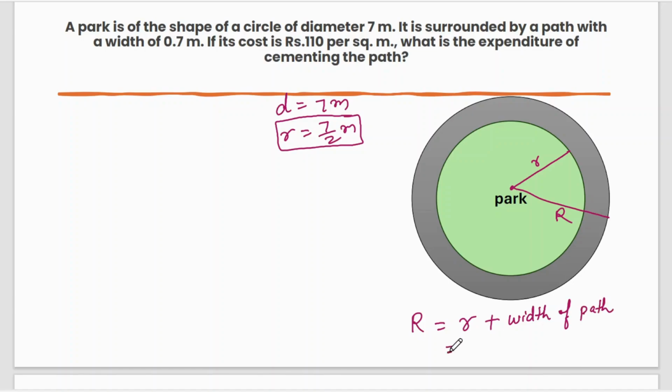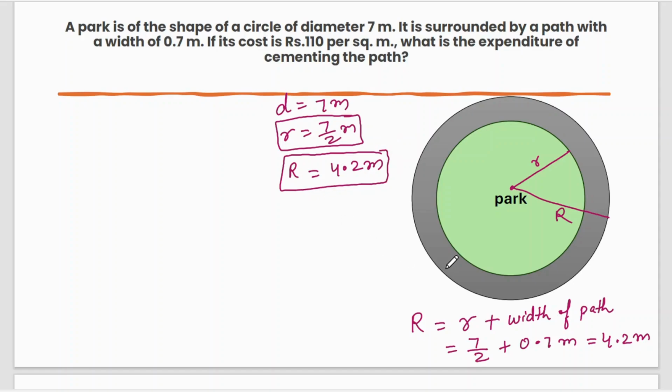Small r is 7 by 2, and the width of the path given is 0.7 meter. So now if you calculate 3.5 plus 0.7, you get 4.2 meter. So now we have got capital R also, that is 4.2 meter.